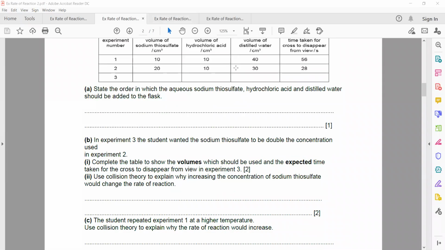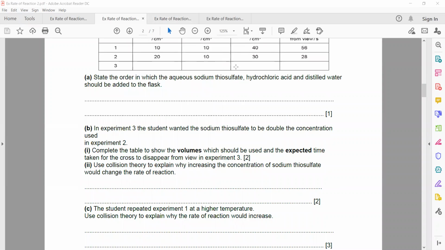Next is: use the collision theory to explain why increasing the concentration would increase the rate.